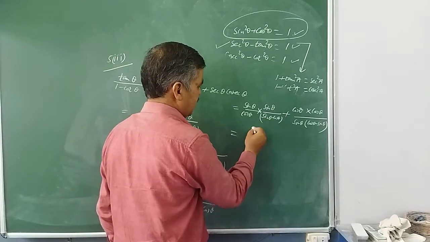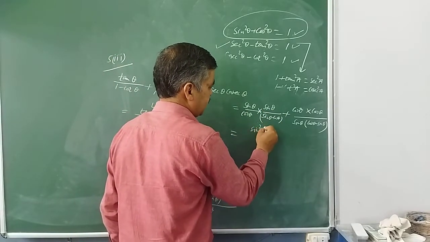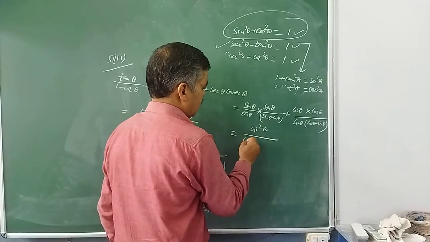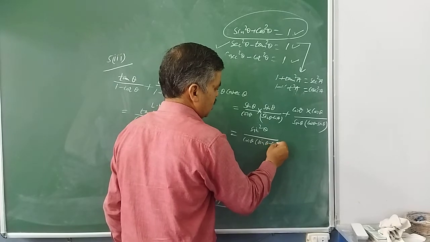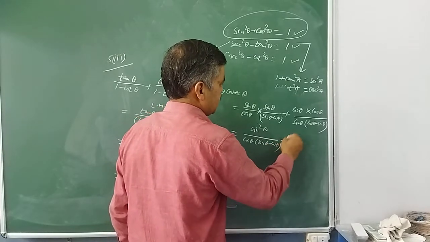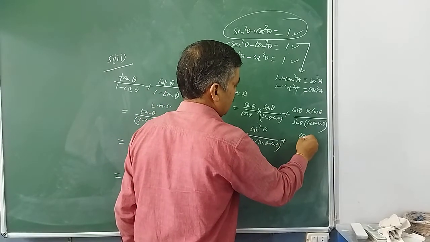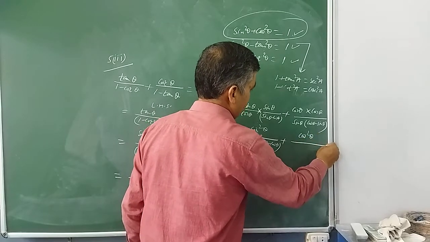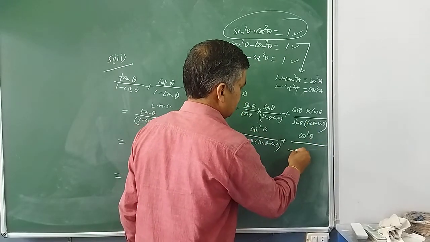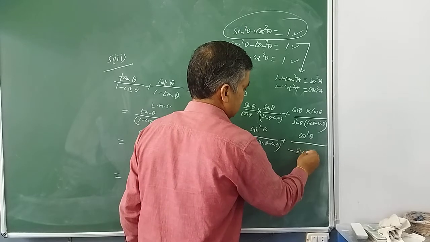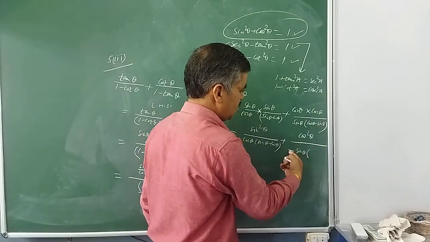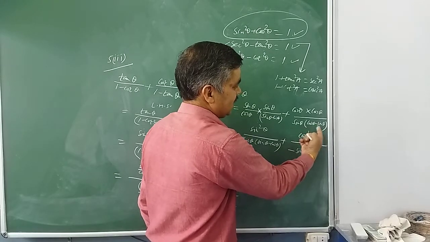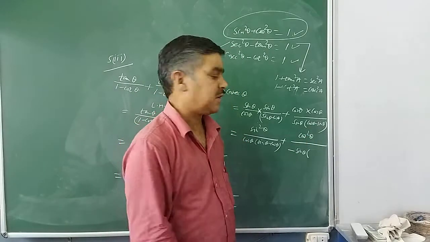So the sin into sin will make it sin square theta upon cos theta into sin theta minus cos theta. So plus cos into cos will make it cos square theta upon. So this is, I am taking minus outside, sin theta, so that once I have taken the minus out, I have to divide the terms inside the bracket with the negative sign.